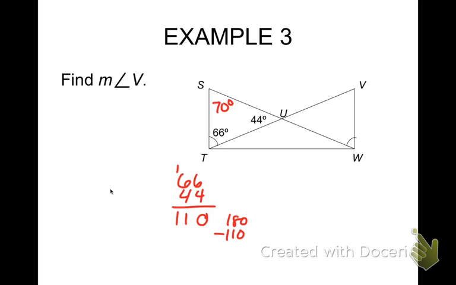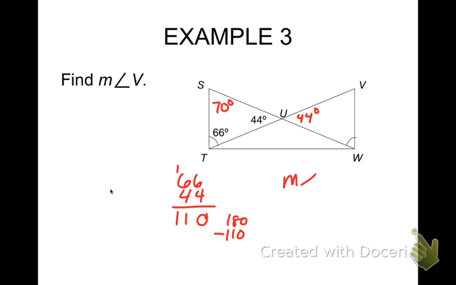So S is 70 degrees. Here I have one set of congruent angles on each of these triangles. I have a second set of congruent angles right here because of vertical angles. So if I've got two sets of congruent angles, what should be true about the third set? They should be the same. So the measure of angle V would be what?